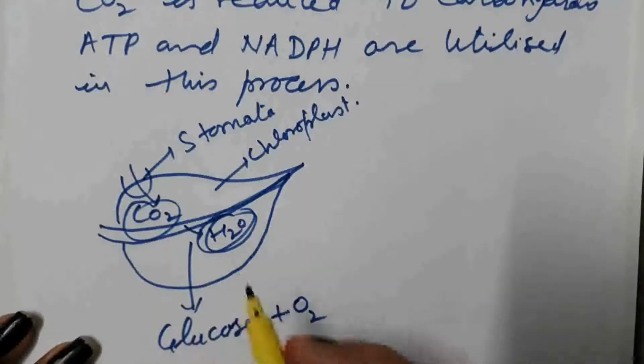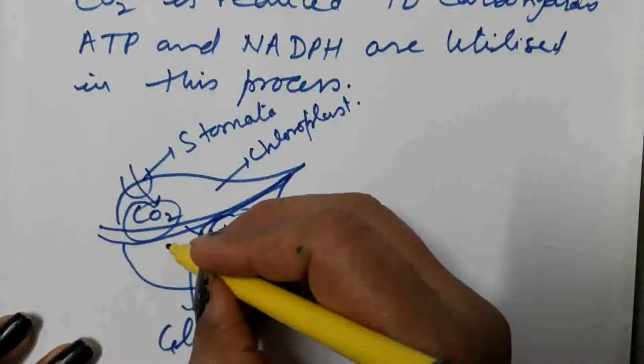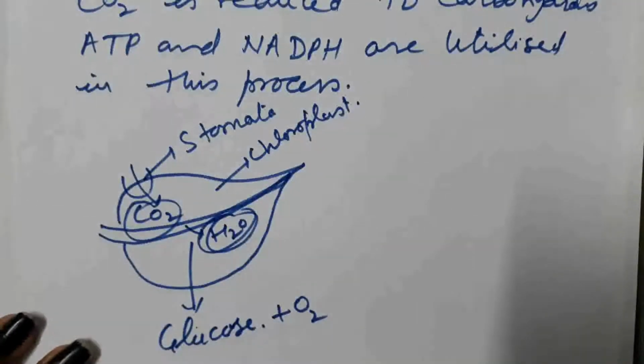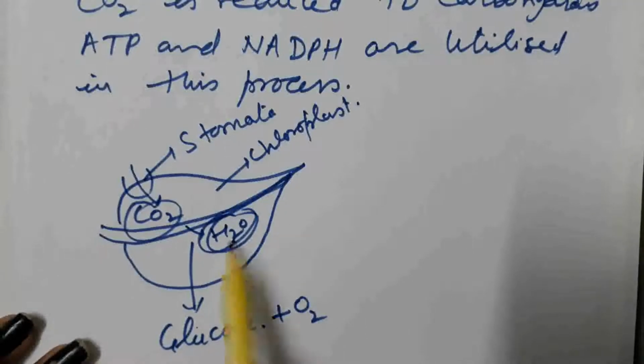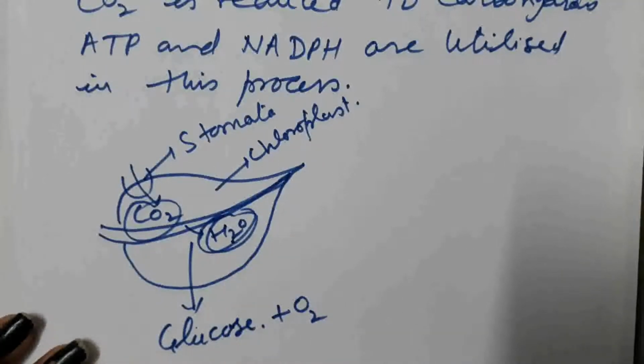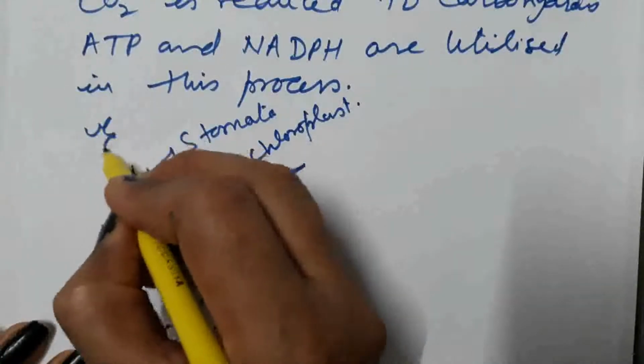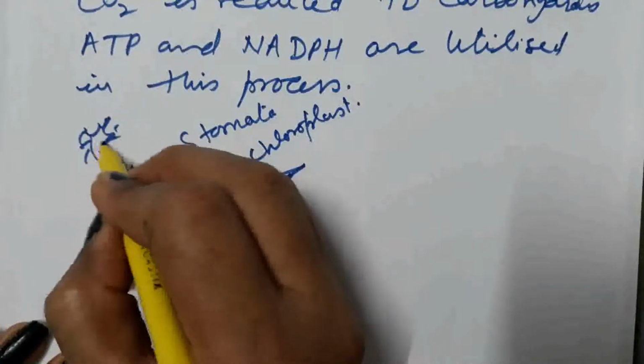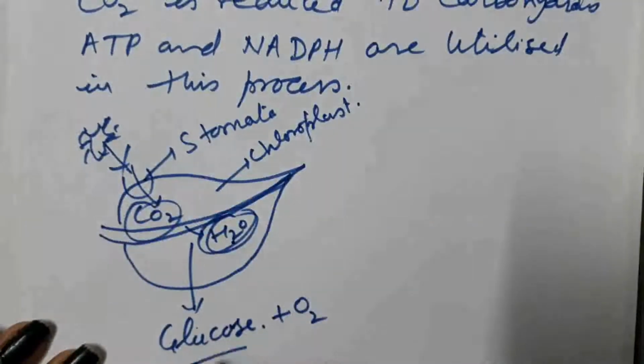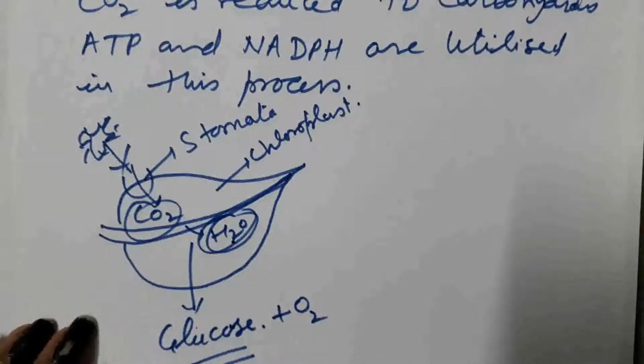So CO2 is reduced to glucose in the dark reaction, and in the light reaction photolysis of water takes place, oxygen is released, and this solar energy is converted into chemical energy.